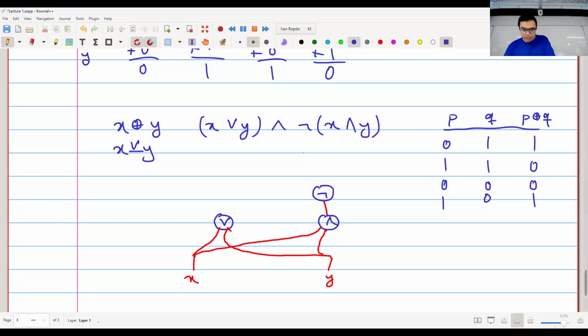And finally, I have an AND gate, which gets both of these as its inputs. And whatever comes out from here, this is X XOR Y. Okay. So this is X or Y. This is X and Y. So this one is not X and Y. And this one is X or Y and not X and Y.